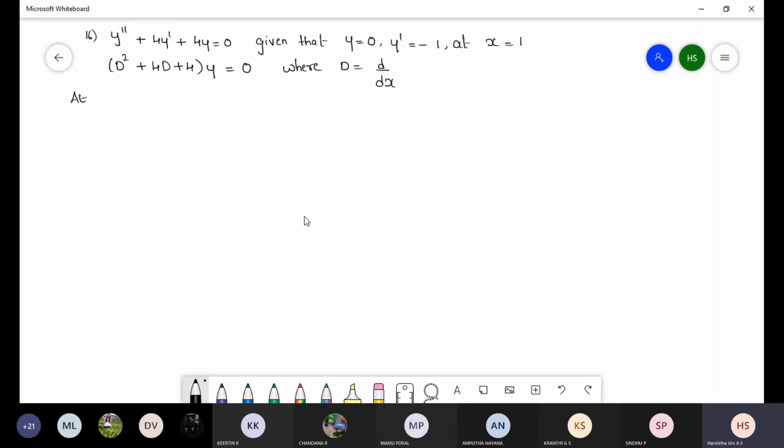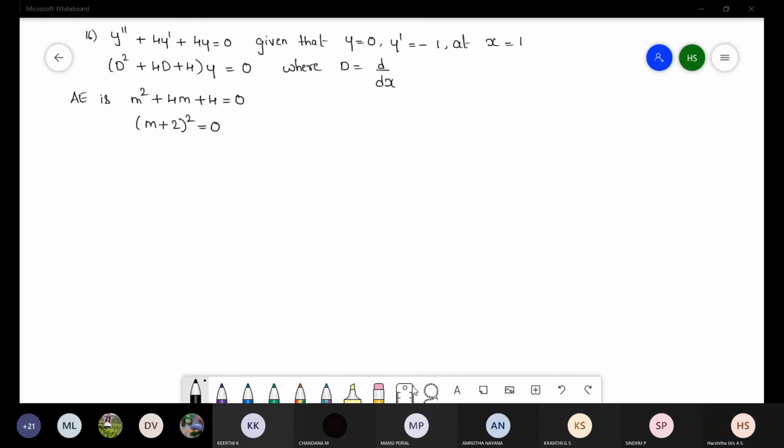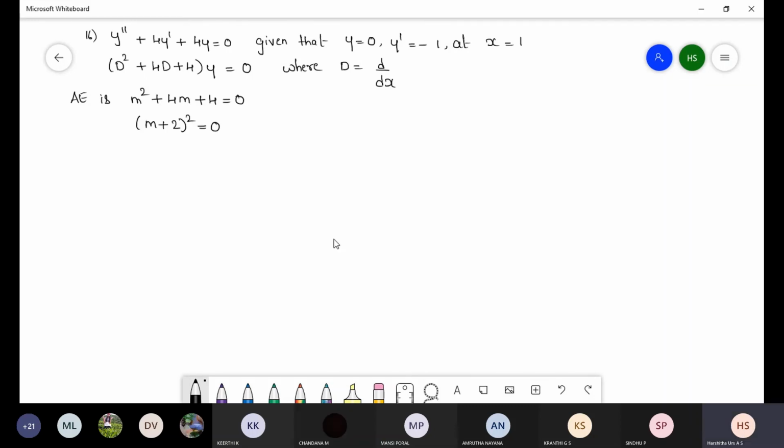Now, the auxiliary equation is m square plus 4m plus 4 is equal to 0. So m plus 2 whole square means m plus 2 is equal to 0, again m plus 2 is equal to 0. So m is equal to minus 2 and again m is equal to minus 2.